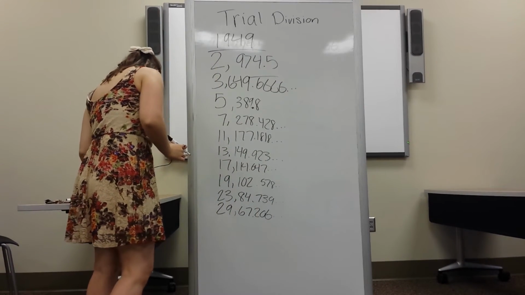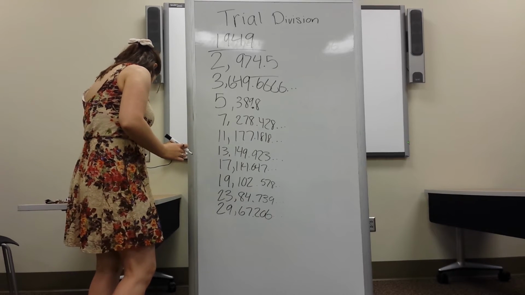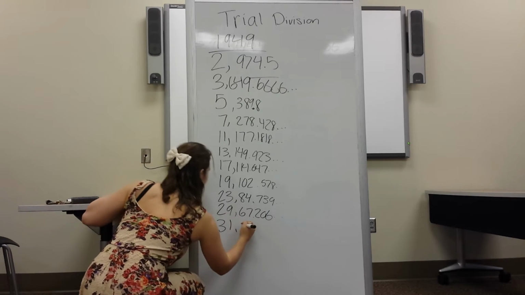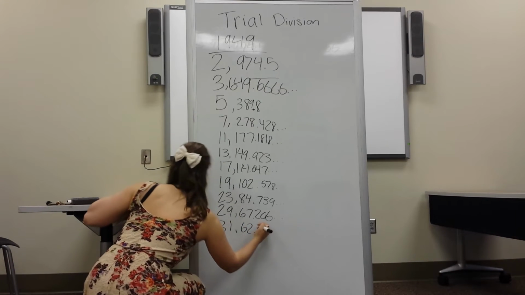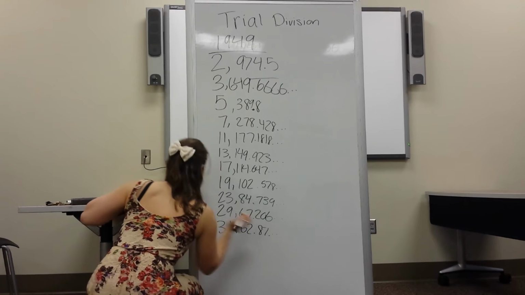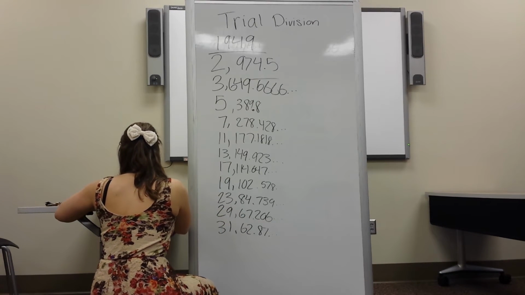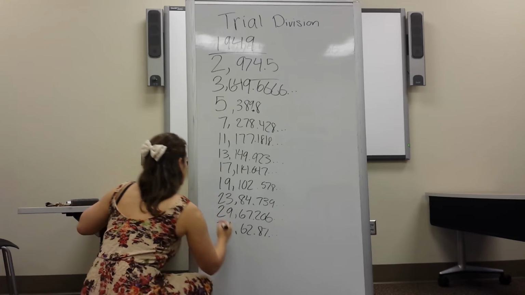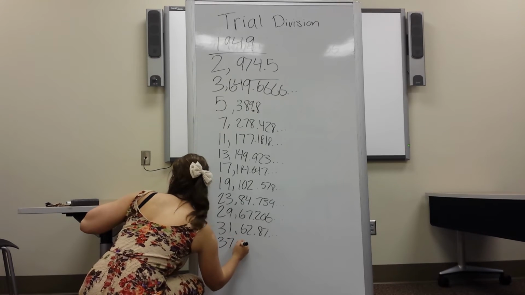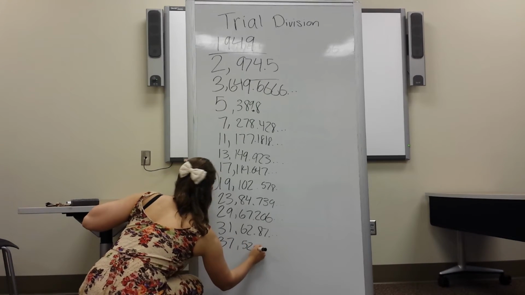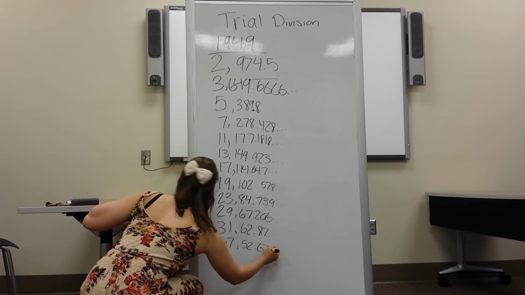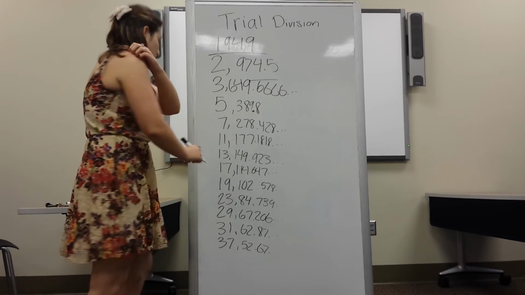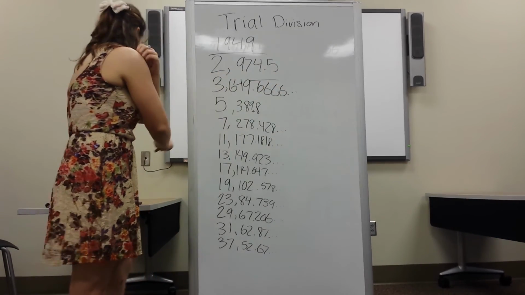So we're really getting a lot closer together as we move on. I'm going to go ahead and move up to the top of the board here. We're running out of room.